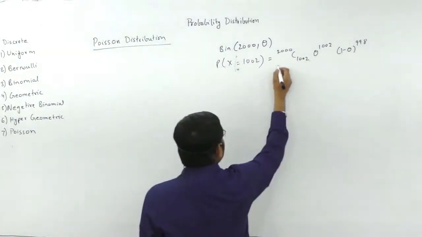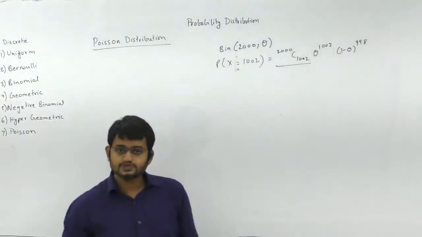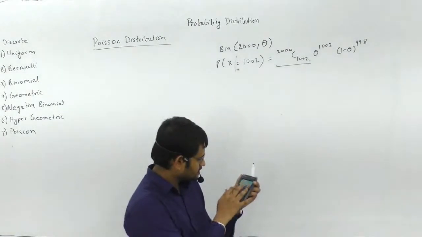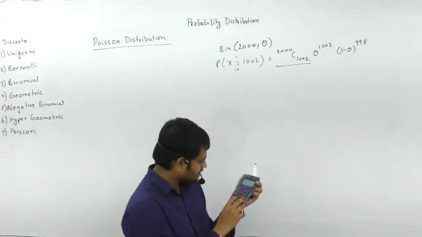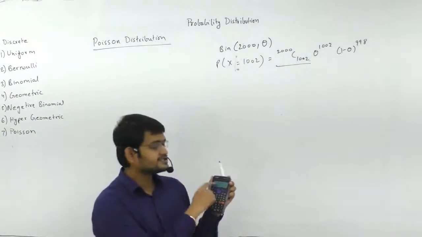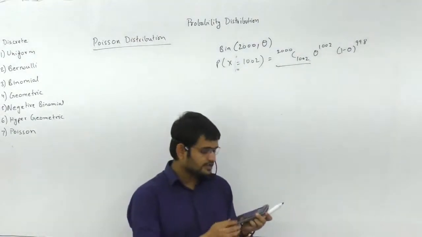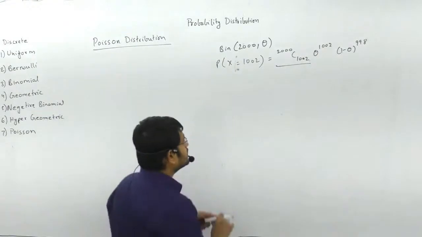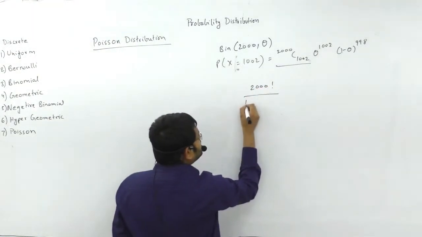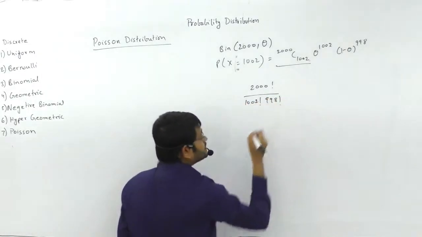Now finding this particular value 2000 c 1002 becomes very difficult. If you use your calculator and use 2000 shift c 1002, you will find that it says math error, because it's such a large value that our calculator cannot calculate it. It is 2000 factorial by 1002 factorial times 998 factorial.